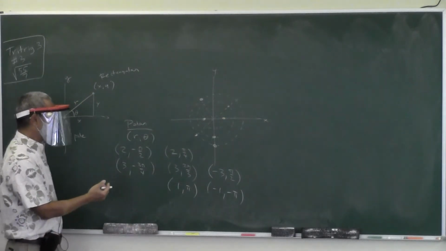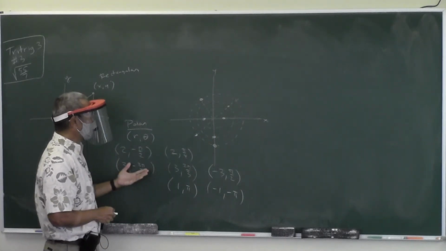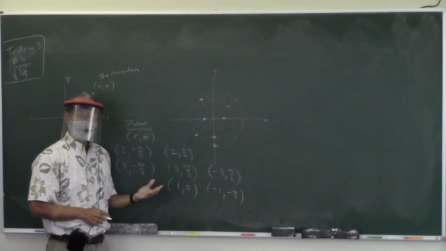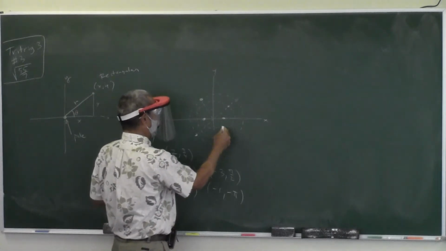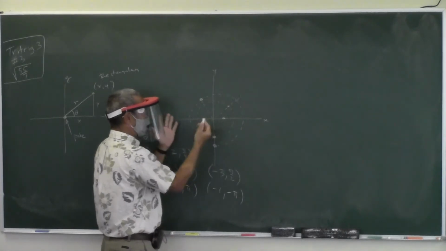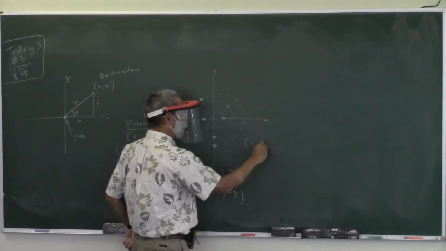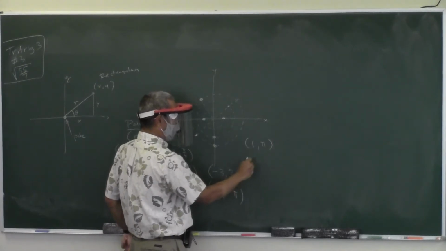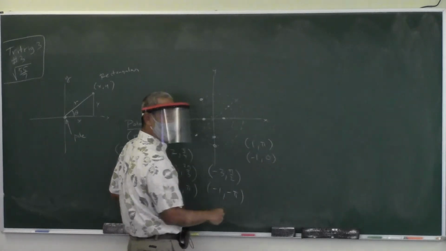So the first thing you're probably noticing is, oh, so Mr. Park, there's like an infinite number of ways of labeling a point then. Yes. For example, this point right here, you can pick any one of these. We could label that point 1 comma pi, but couldn't we also label it negative 1 comma 0?